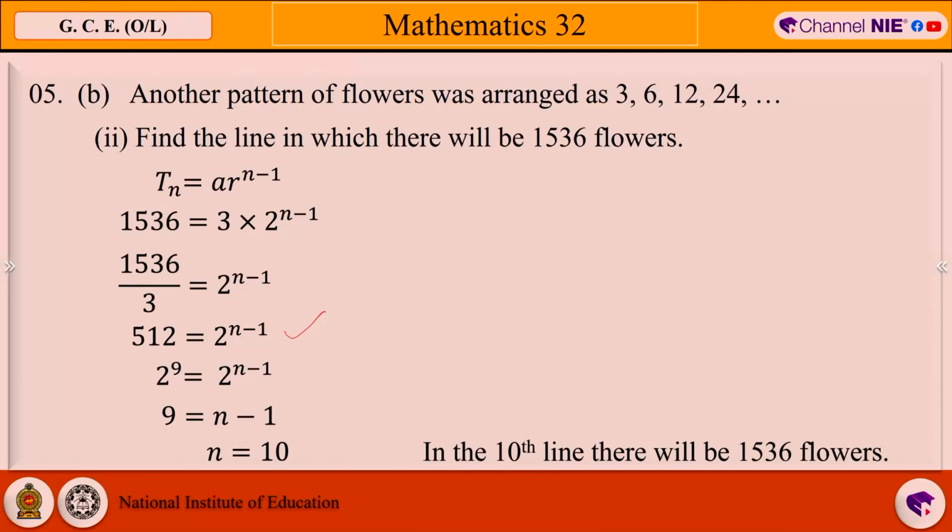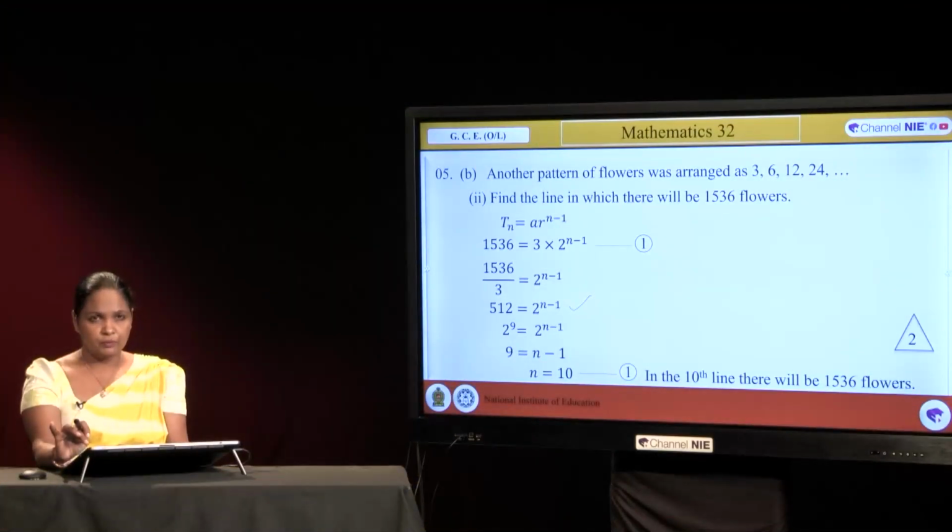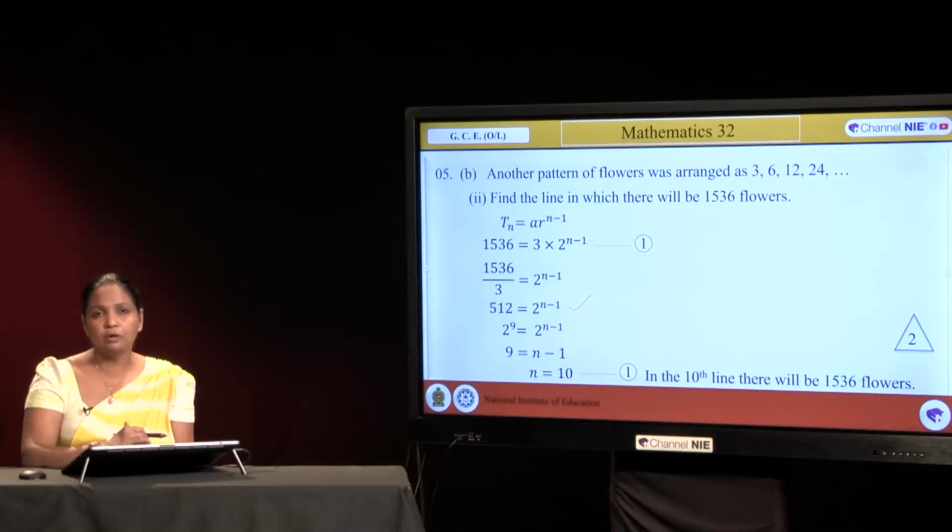So, in the 10th line, there will be 1536 flowers. Okay. So, check whether you got both marks. Right. If so, for the problem 5, you get 10 marks. Right. I hope all of you got the whole mark for this problem.